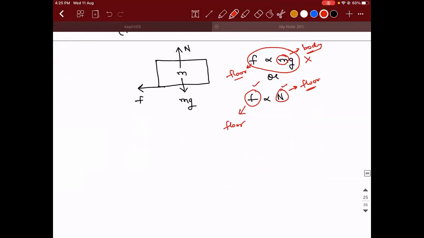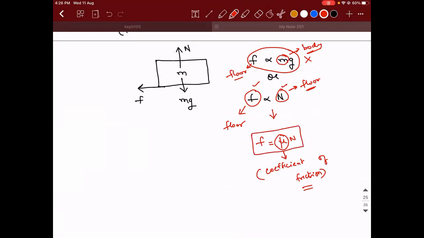So if I take that into consideration, I can write F is equal to mu into N, where this mu is given a name called coefficient of friction. F is equal to mu into N. Depending on the three scenarios, there are three kinds of frictional forces that we can define.